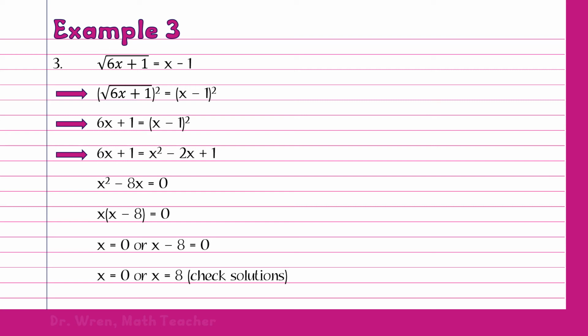Doing so produces x squared minus 8x equals 0. When we factor this expression using the GCF, we get x times x minus 8 equals 0. Set both factors equal to 0 to get x equals 0 and x minus 8 equals 0. When we solve the resulting linear equation, we get x equals 0 or x equals 8.